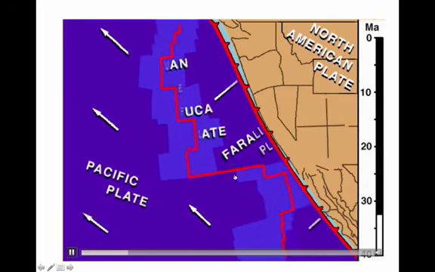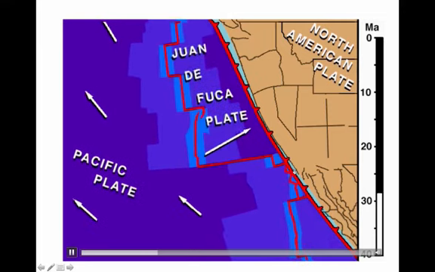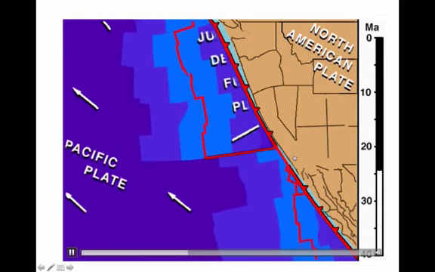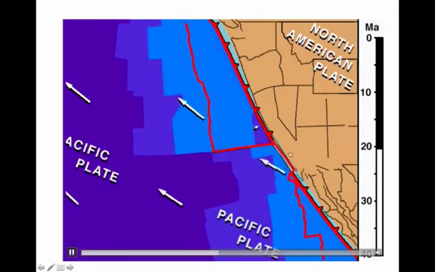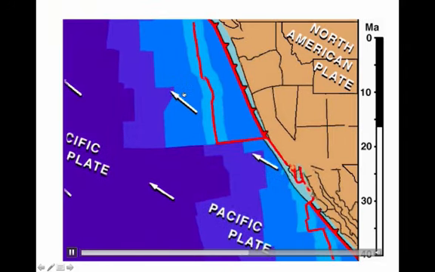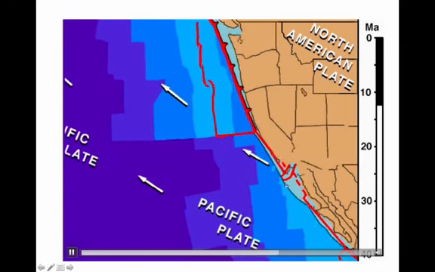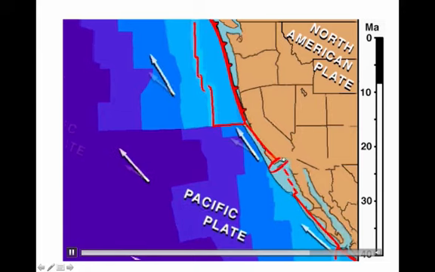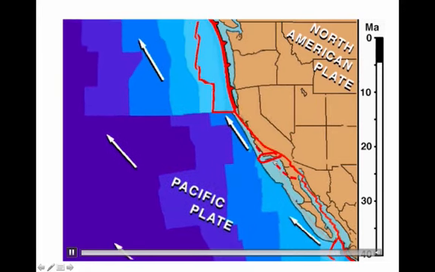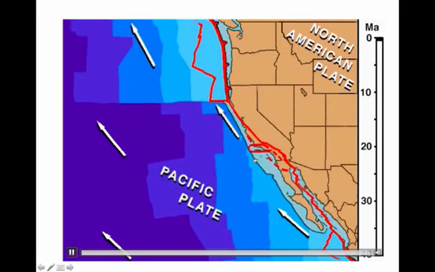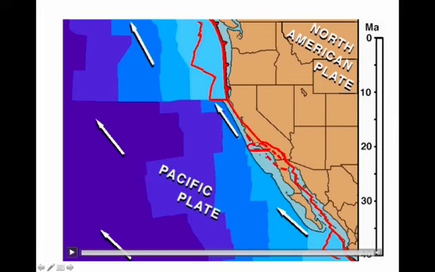So you see this transform fault here, making landfall, basically jumping on land, and the Pacific plate keeps on pushing. It's extending the whole area, and this little block here has to move now as part of the Pacific plate north. Any idea where this is? I'll let you watch it one more time.